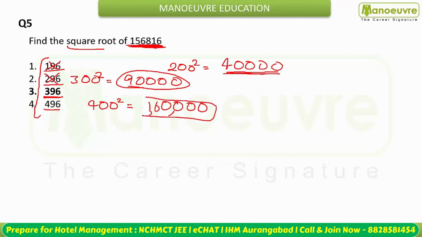So 400 square is more than this number. So the square root of this particular number is going to be less than 400, and this is only the third option. 396 is going to be your answer.